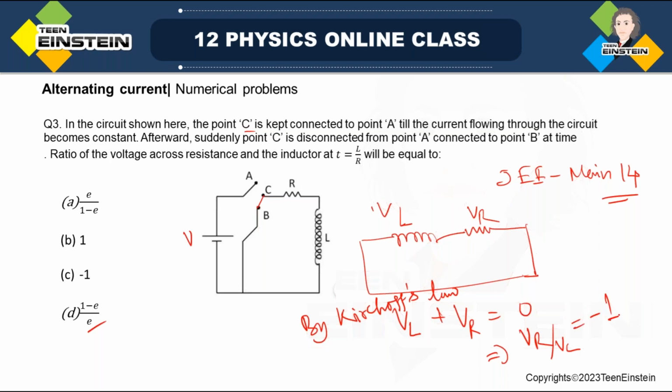This will be minus 1 only. So this is the answer, option C.